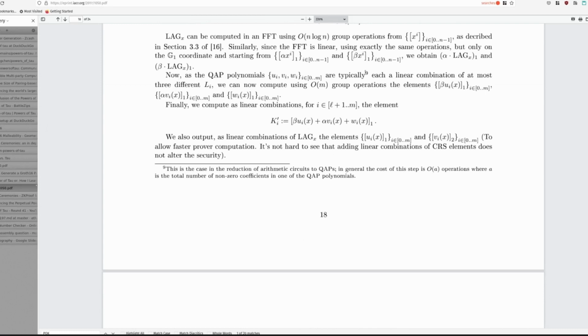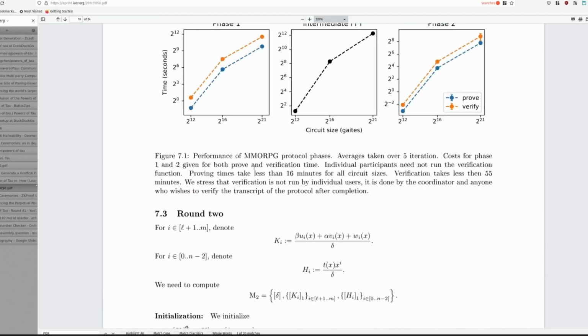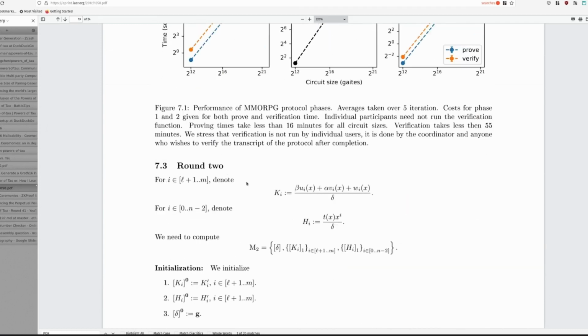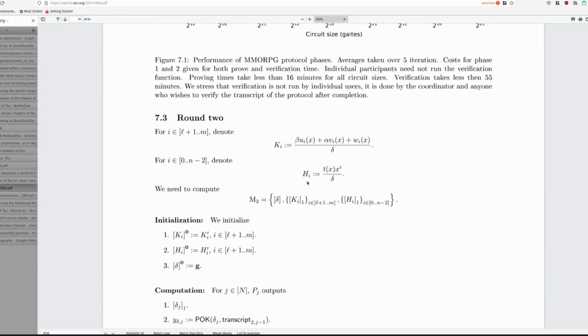I'm trying to find some evidence for that. There we go. Oh, they're right here. So they're the polynomials, right? And the polynomials are specific to the SNARK. So round 2 is the non-universal bit, and round 1, which is termed powers of Tau, is universal. So you can use it for any SNARK.